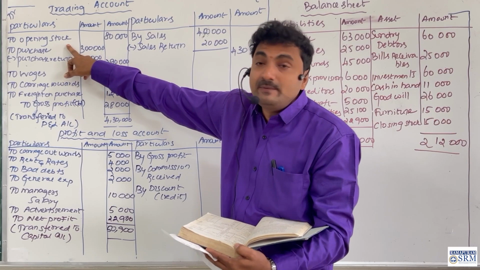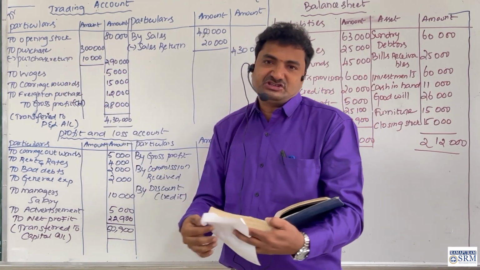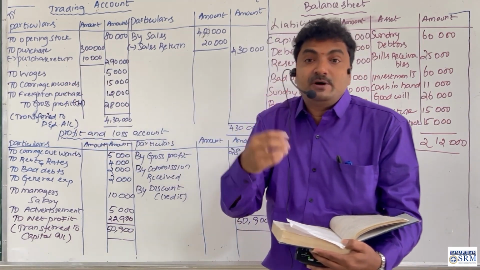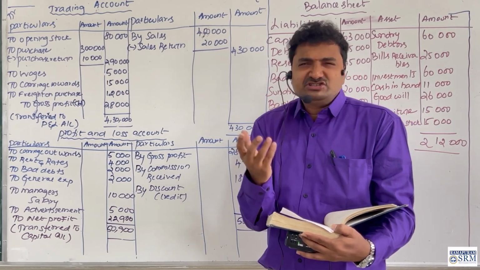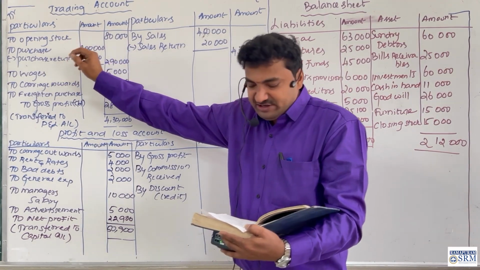That will be coming under opening stock. Second one is purchase. For the company's manufacturing purpose, you have purchased some raw material or whatever it is, that will be coming under the trading account debit side.